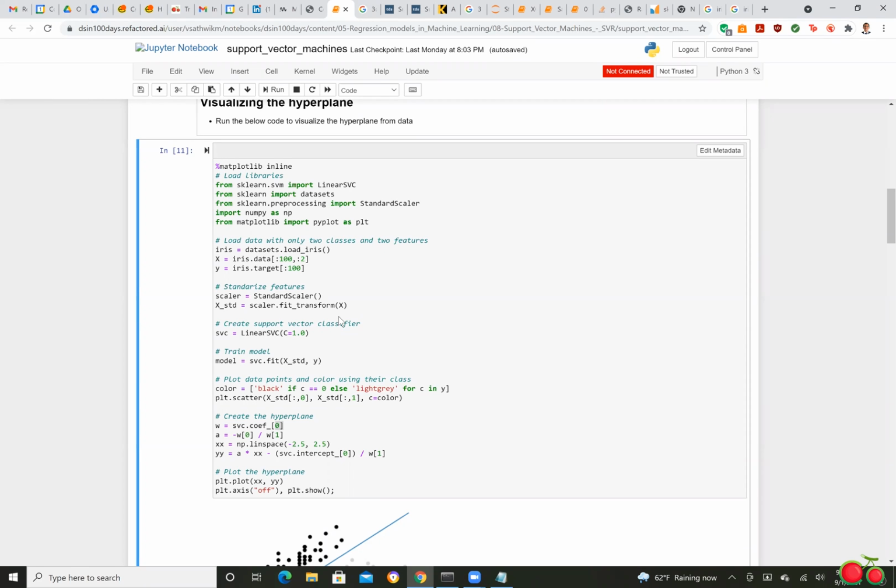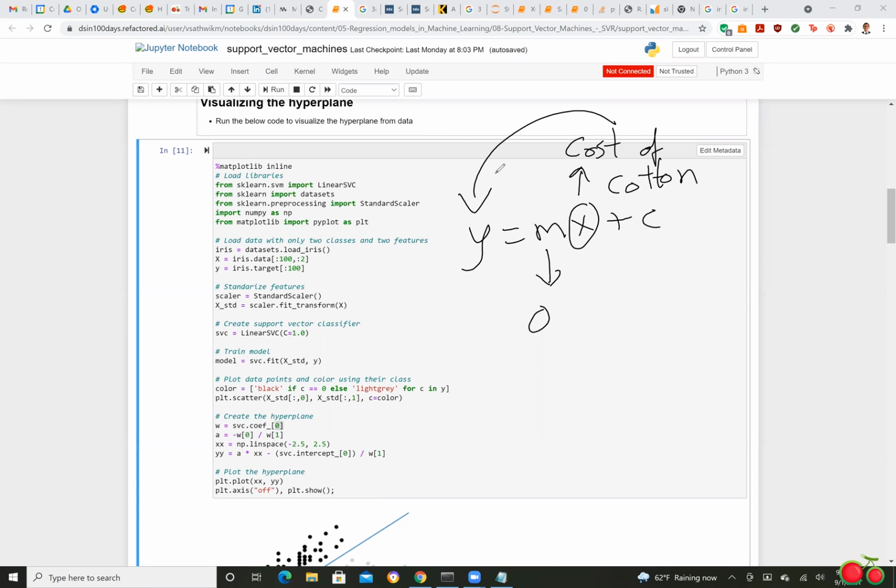So I was talking about the coefficient, right? y = mx + c. If my coefficient is 0, then the cost of cotton really didn't matter, which means cost of cotton never had an influence on the price of fabric.